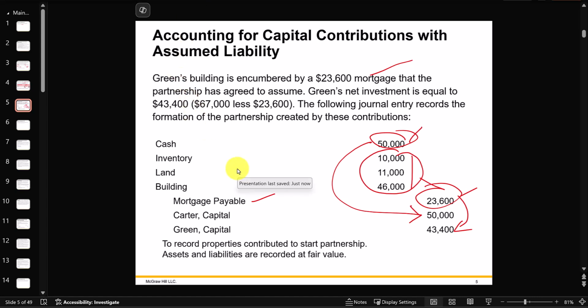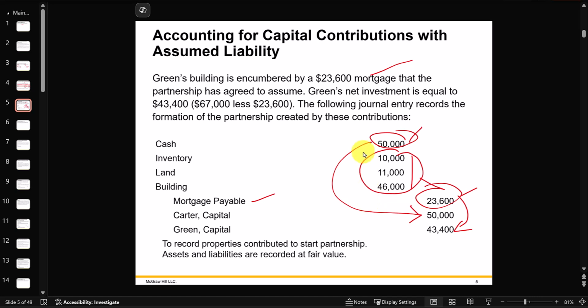So in theory, if the partnership were to liquidate right now, each partner would take out whatever they have in their capital account, 50,000 back to Carter and 43.4 back to Green. Possibly we need to liquidate these assets and turn it into cash.